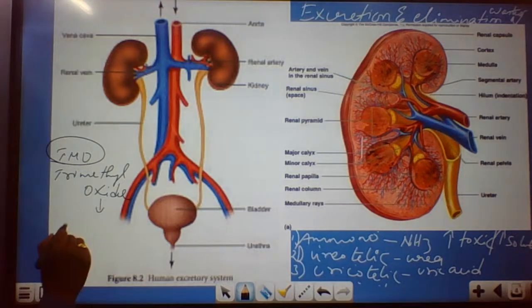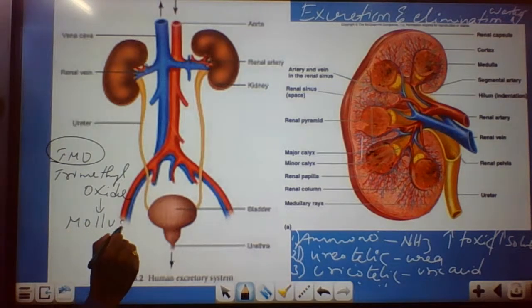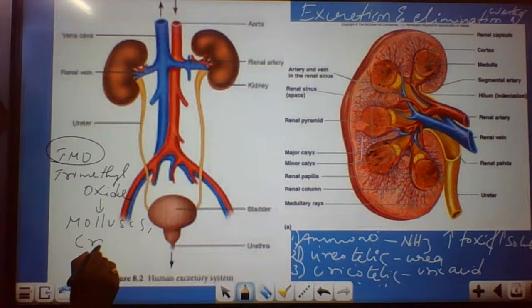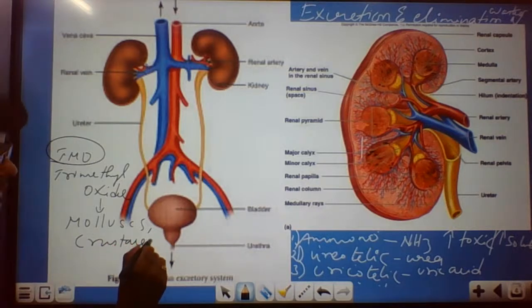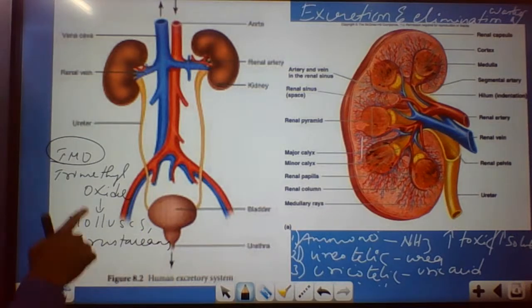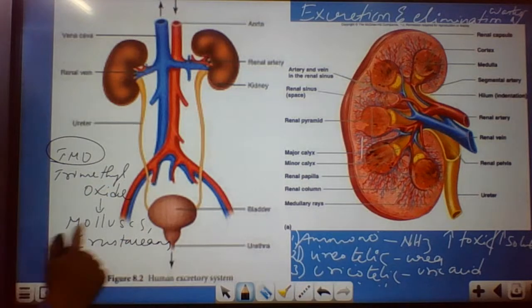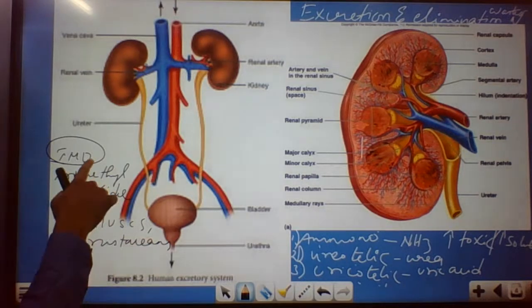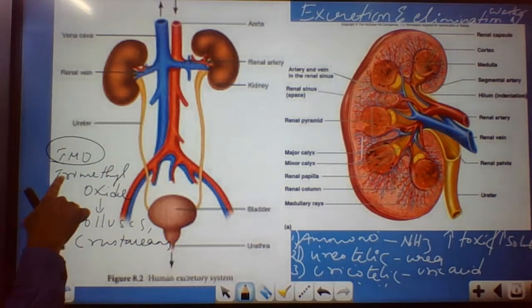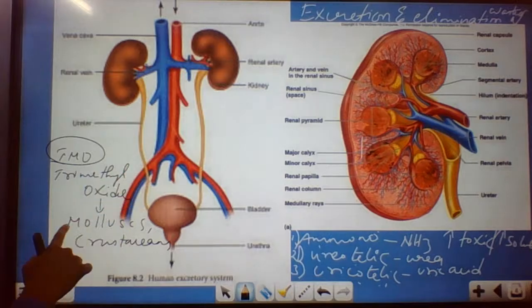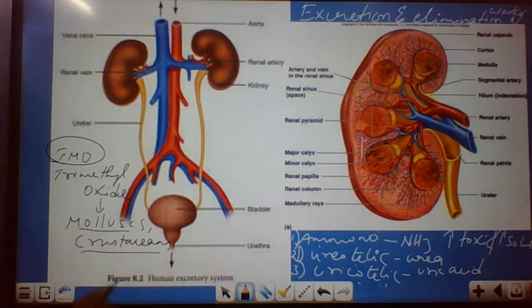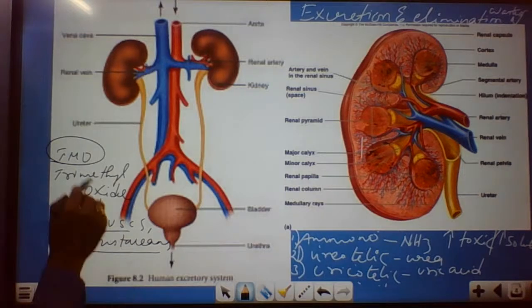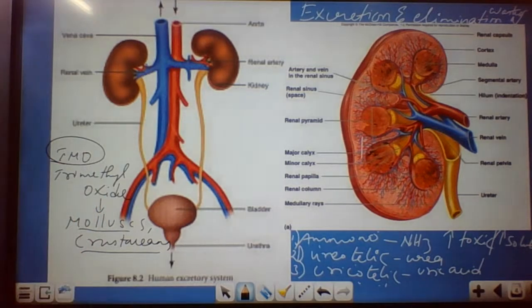If they ask who excretes this, mollusks and crustaceans usually excrete it. It is a special manipulated type of ammonia that is excreted, a derivative of ammonia, trimethyl oxide. So when options show mollusks, crustaceans, you take trimethyl oxide.